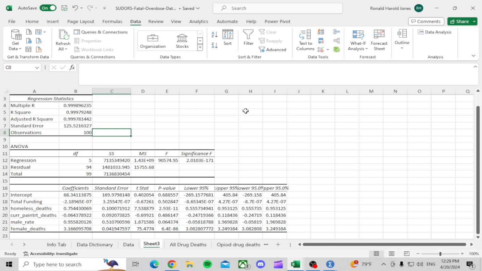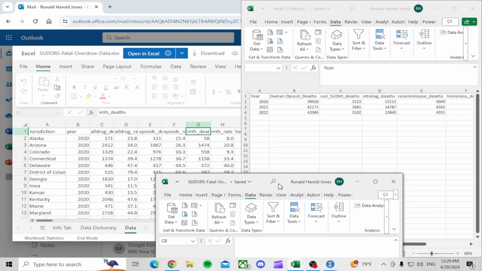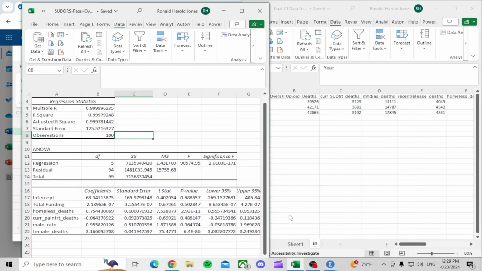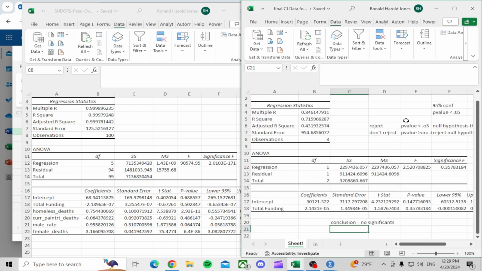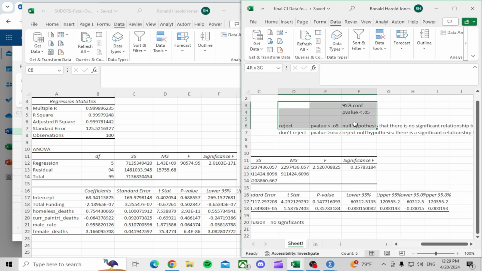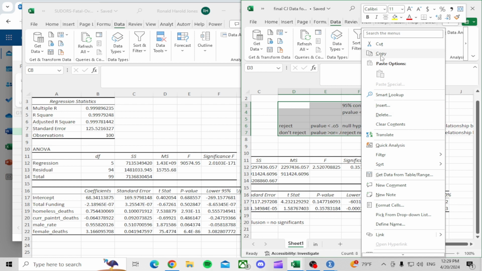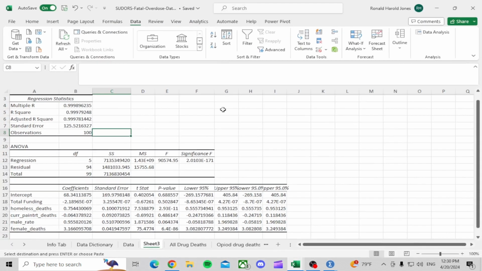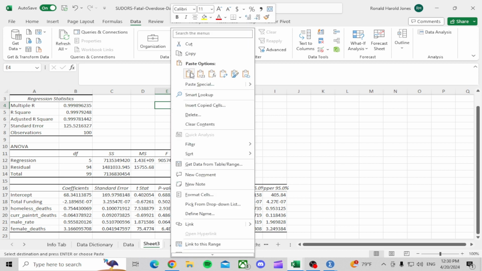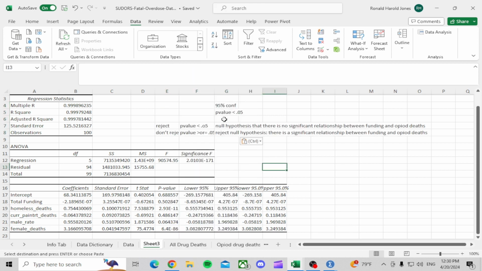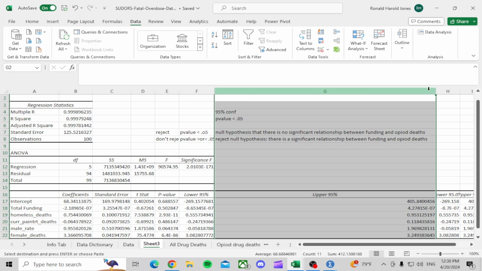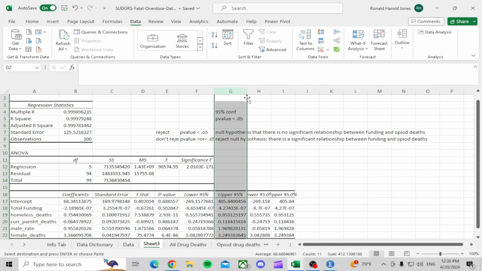Typically, when we run a regression model, we want to see a 95% confidence. And that means our p-value should be less than 0.05.